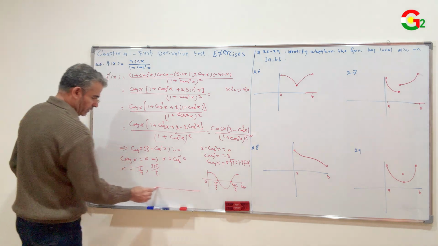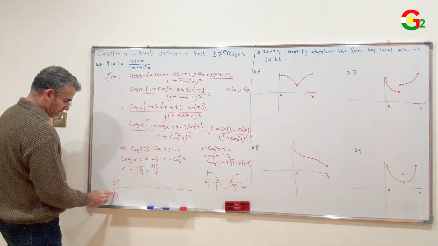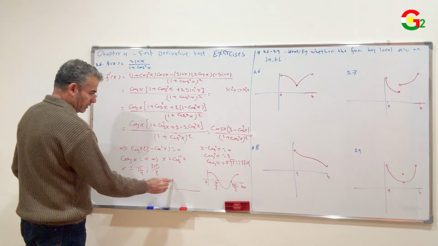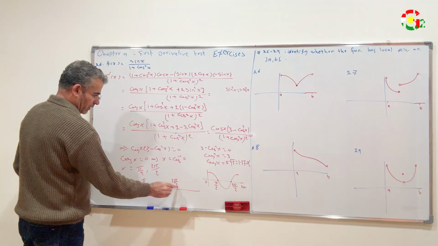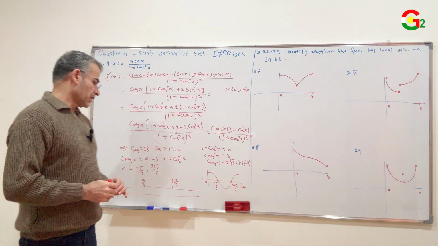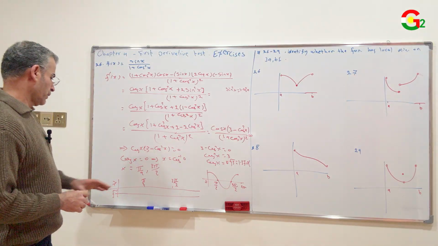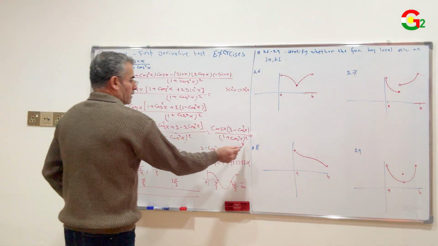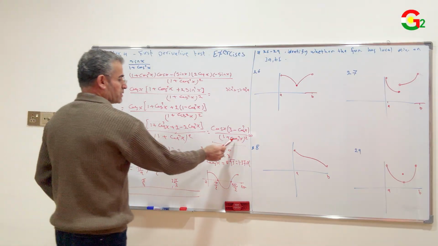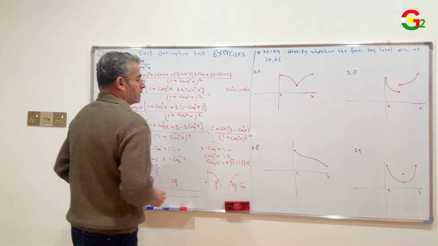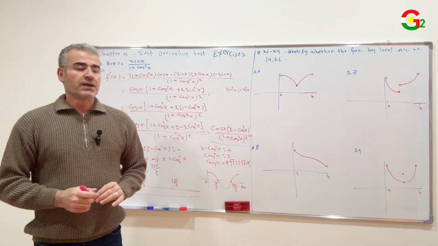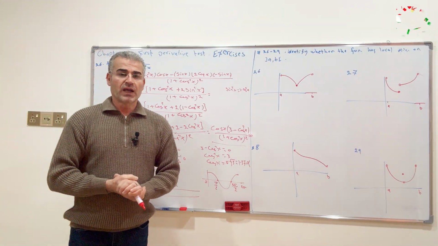Therefore, we have two critical points. Find the sign of the derivative before and after these two critical points to find the intervals of increasing and decreasing and the local minimum and maximum points. In the derivative of this function, the denominator is always positive, and 3 minus cosine square x is always positive because cosine x is between negative 1 and positive 1.